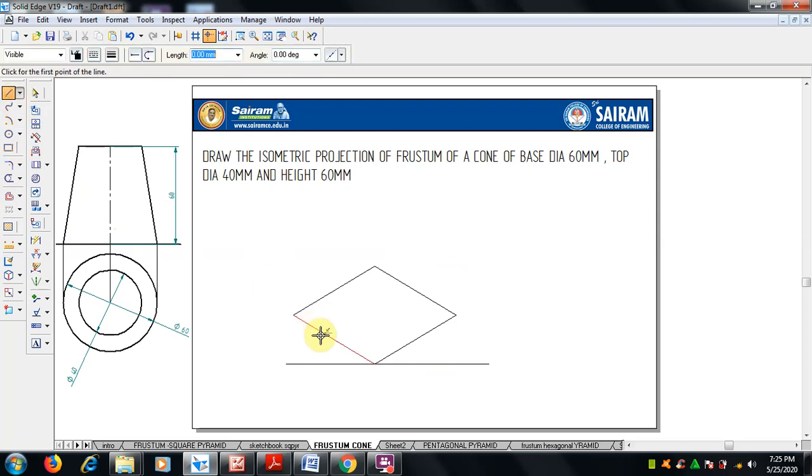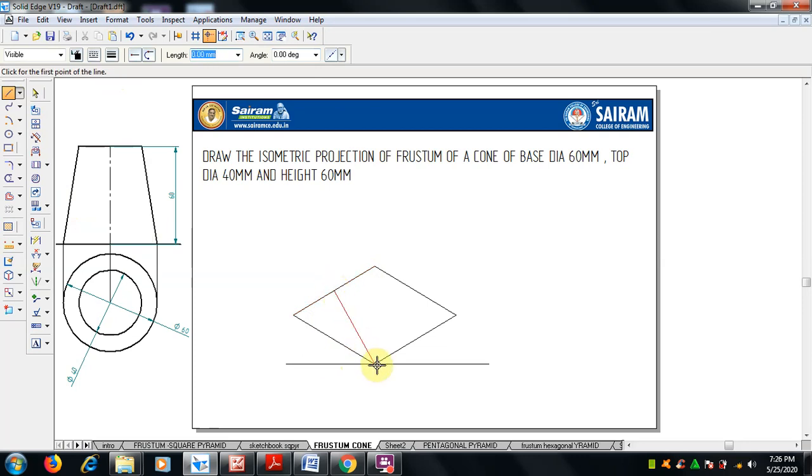Okay, so select a line from here to the line, from this point to the opposite midpoint.